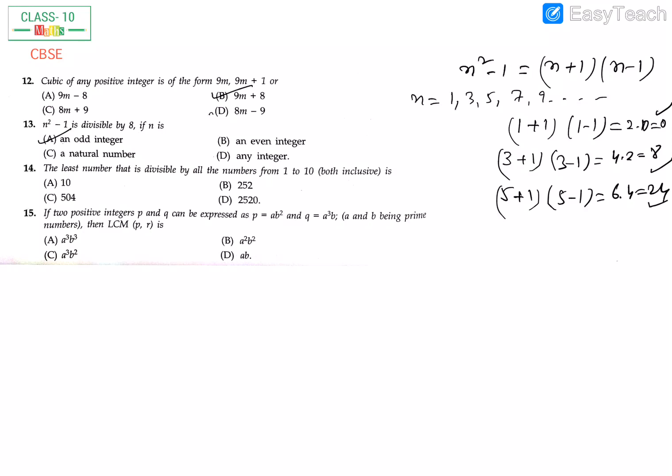Now question number 14. The least number that is divisible by all the numbers from 1 to 10 is, the required number will be the LCM of the numbers from 1 to 10, and which is 2520.